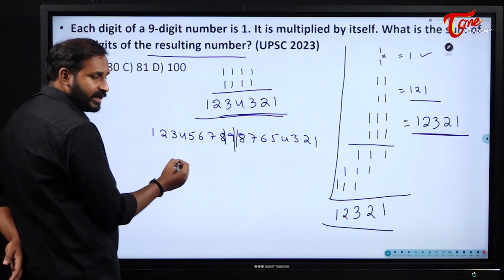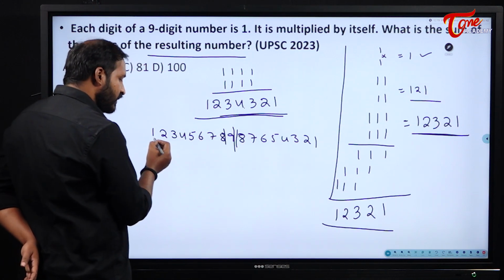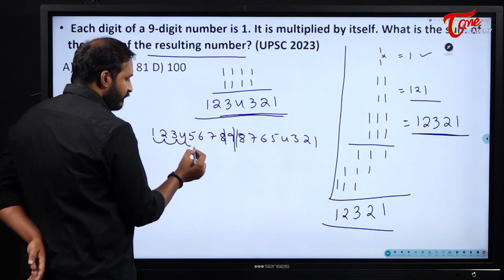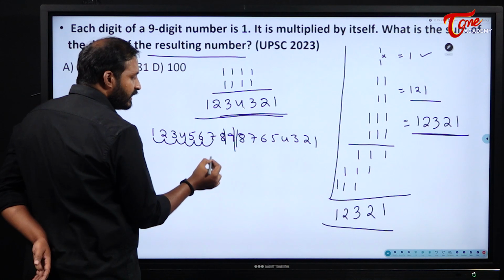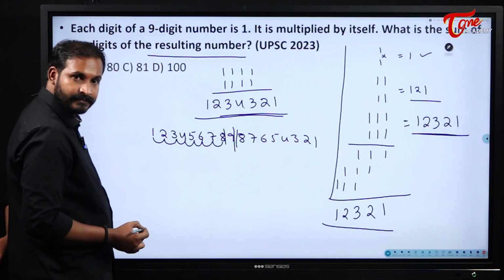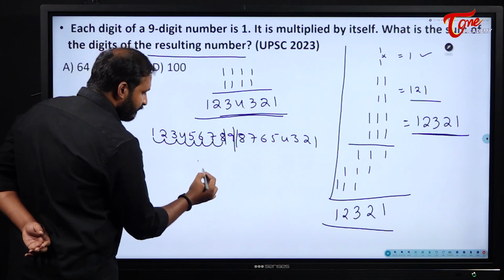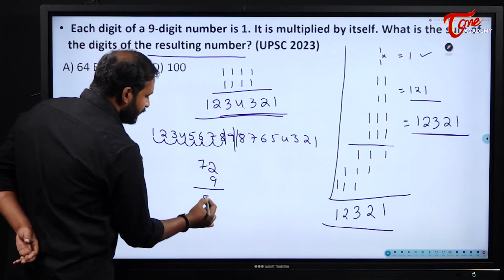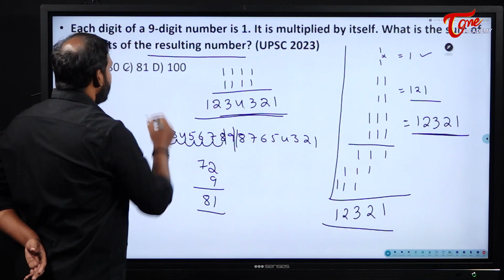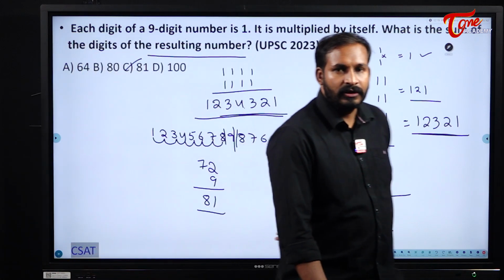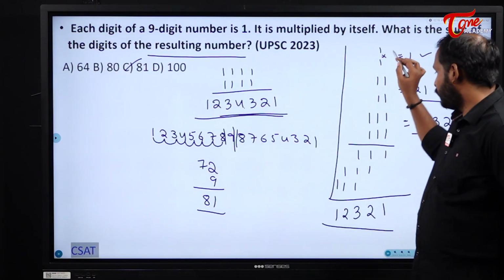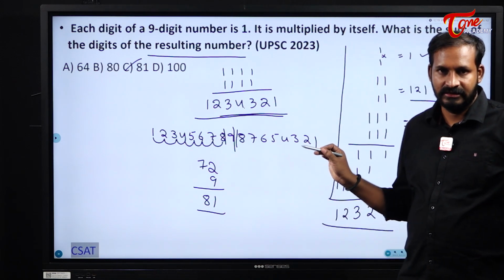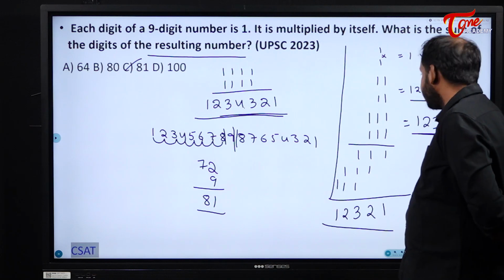Sum to n terms formula you can use or else add it. 3, 6, 10, 15, 21, 28, 36. 36 into 2, 72. 72 plus 9, 81. So our answer here will become 81. Understood? If you make this observation, then easily you will get the answer, else it becomes a huge task. Okay, next one.